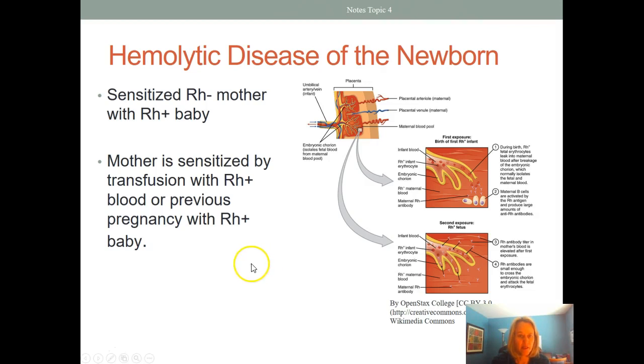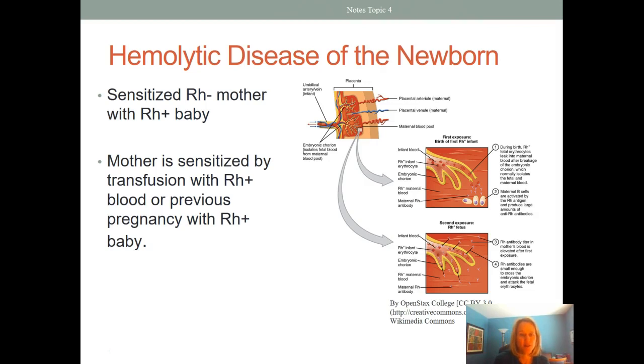Okay, next let's talk about hemolytic disease of the newborn. Hemolytic disease of the newborn occurs when we have a sensitized Rh negative mother who is pregnant with an Rh positive baby. So let's review our normal Rh antigen. With the Rh blood group, if you are Rh negative, you don't have the antigen.